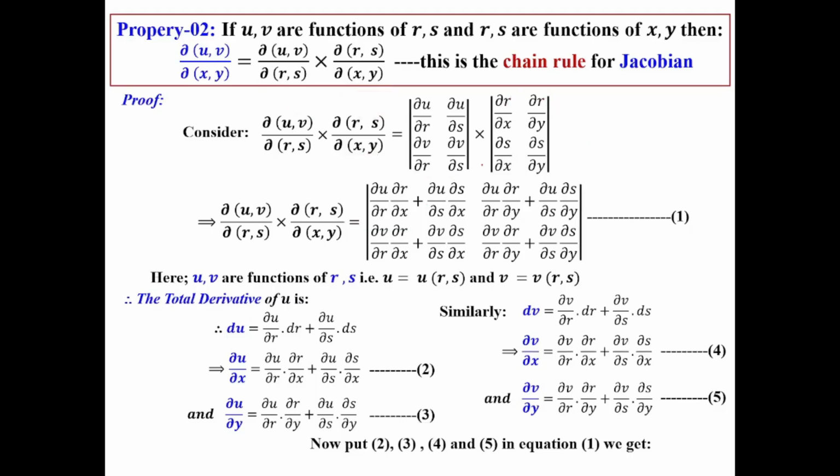It is a simple multiplication. Here you can see this row multiplied with this column: del u by del r into del r by del x, then del u by del s multiplied with del s by del x. Now this row and this column: del u by del r into del r by del y, plus del u by del s into del s by del y.